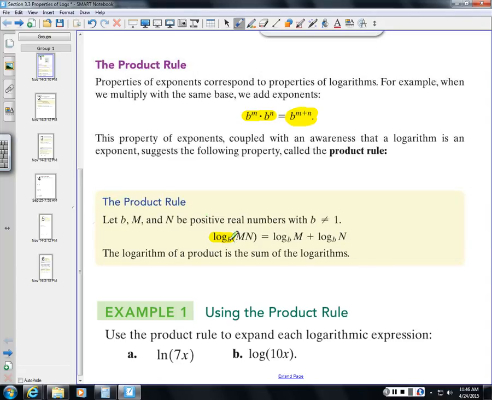If you have the log, and what you're taking the log of is being multiplied, so I have a log with a base, and I'm taking the log of m times n, we can use the product rule of logs and expand that into an addition. So you can see when we multiply with exponents, we add. When we have multiplication with logs, we also add. They're very, very similar, and they correspond to each other.